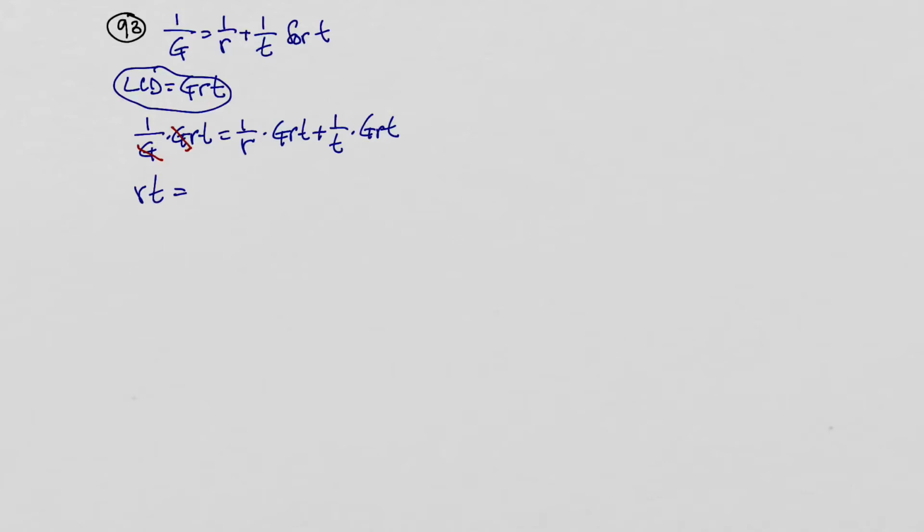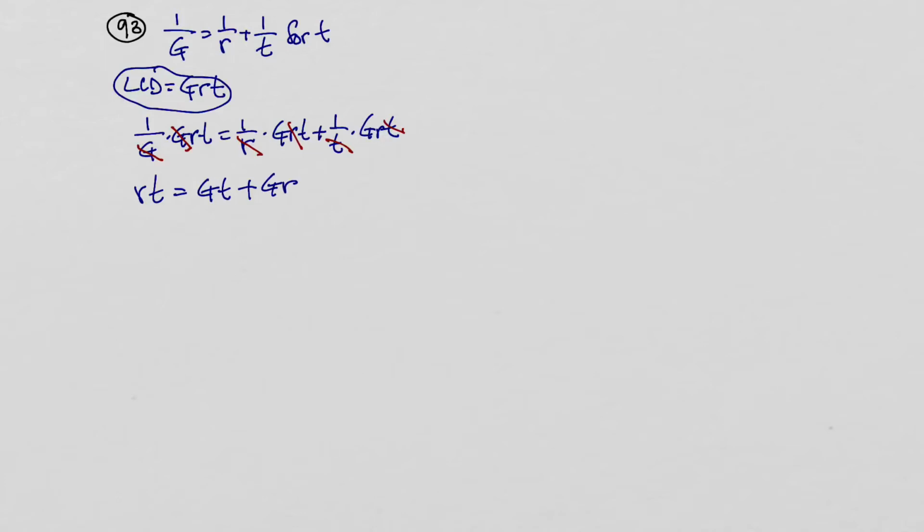And now over here, this r will cancel with that one. Let's indicate it. That r goes with that one, and we're left with 1 times gt. Let's write it. 1 times gt is just gt, and then plus, now this t will cancel with that one. Let's indicate it. That one goes to that one, and we're left with this 1 times gr, which gives us gr.